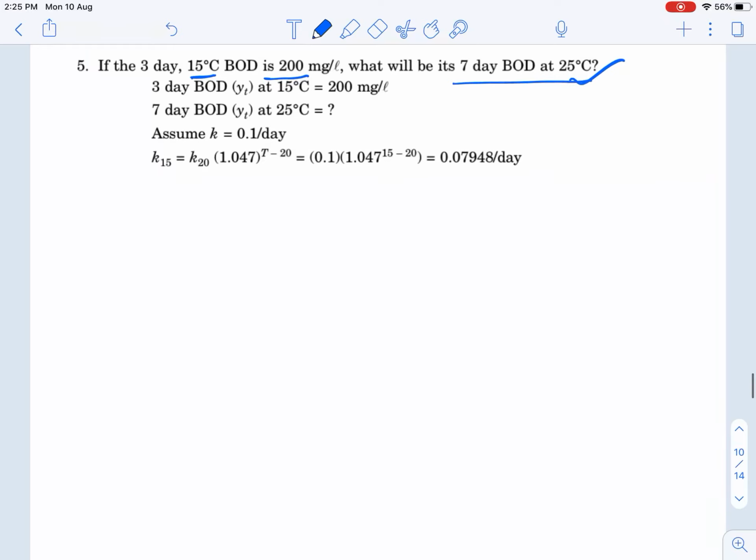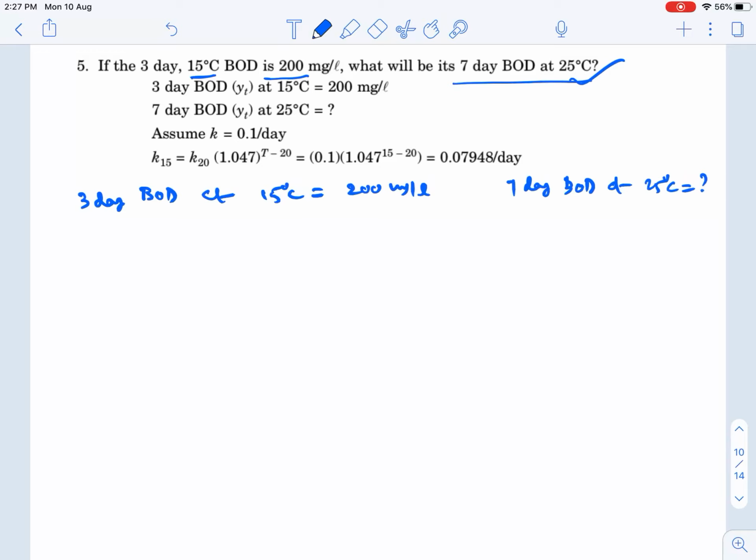So you have 3-day BOD at 15 degrees centigrade as 200 milligrams per liter. What is your requirement? 7-day BOD at 25 degrees centigrade is equal to how much?